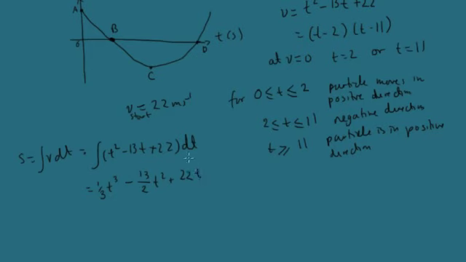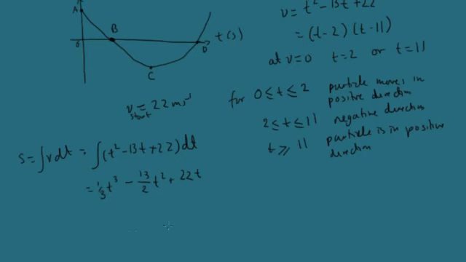The constant of integration is 0 because when s is 0, t is 0. So we can put in some values for t to get some values for s.